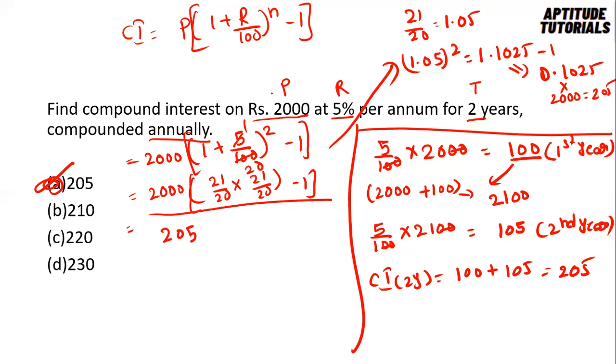So whatever you get as interest, you need to add it to the previous principal. Okay. So compound interest concept is like interest on interest, guys. So you have to calculate interest upon interest. Whatever the interest that you got in the previous year, you have to add it to the principal of that year. And continue the same process depending upon the number of years given in the question. Okay.